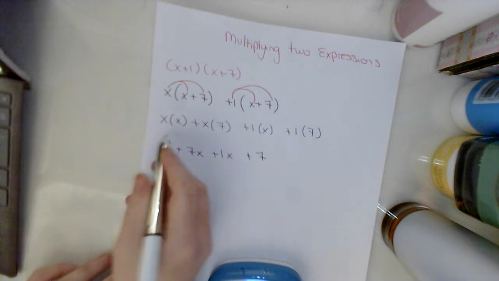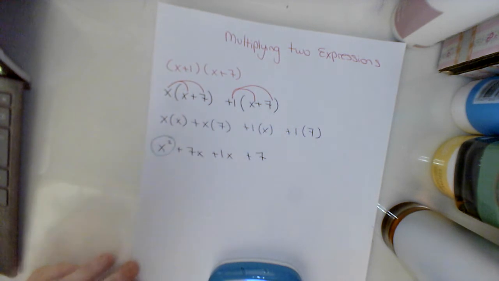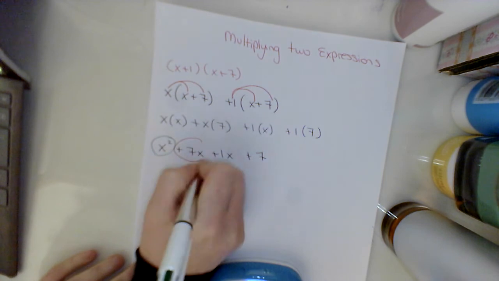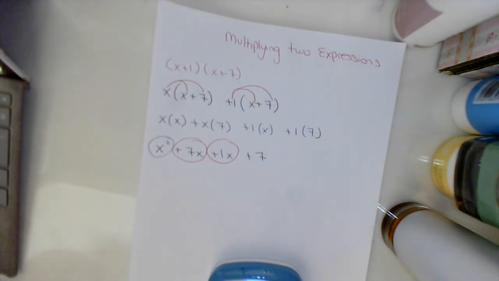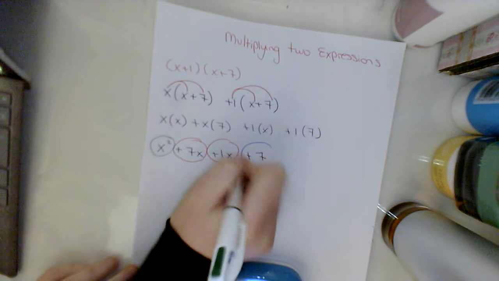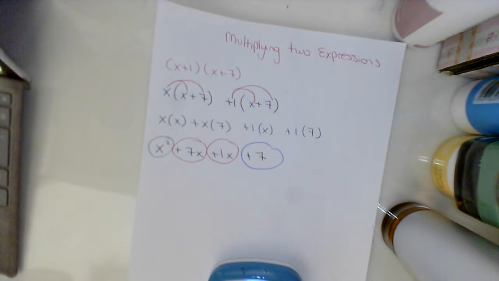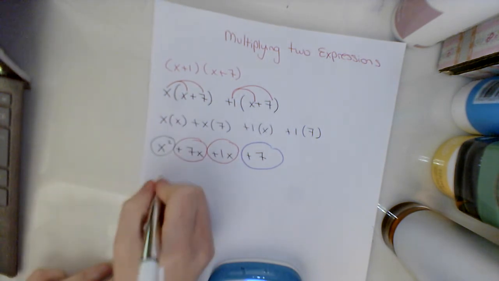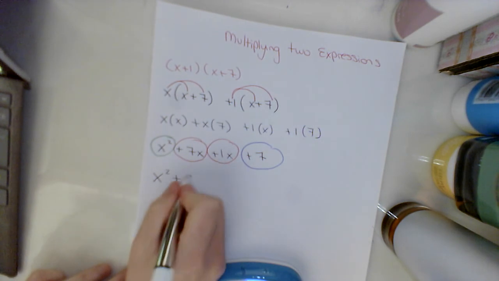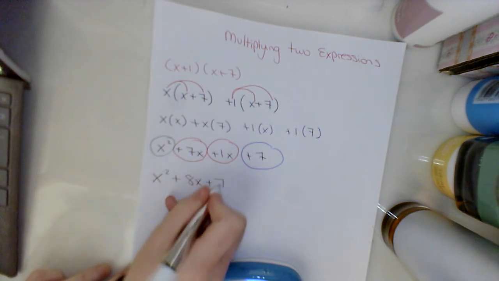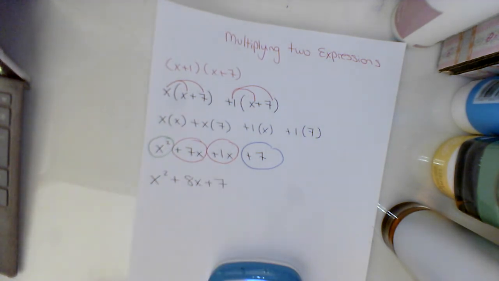I've no other x squared, so I put x squared on its own. Then I have a plus 7x and a plus 1x, they can go together, and the final one that can go by itself is the plus 7. So to simplify it, I have my x squared, 7x plus 1x, so plus 8x, plus my 7. And that's it, completed.